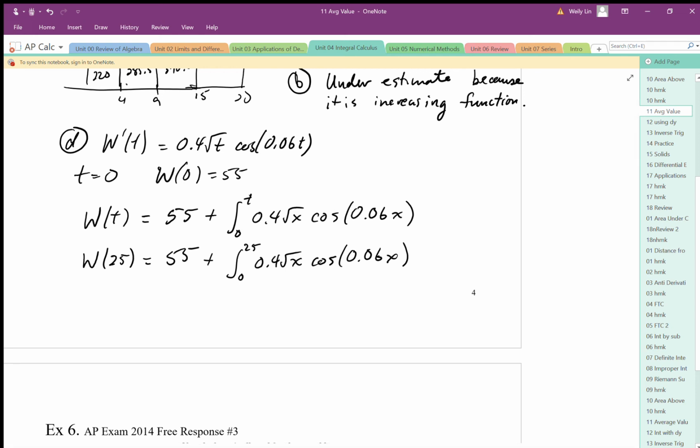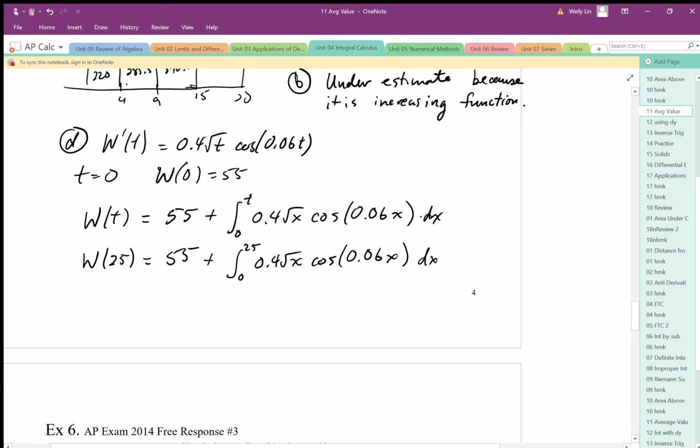I'm just going to graph the function, and I'm going to find the area underneath that curve. So 0.4 square root x cosine of 0.06x, and then this is going to be times dx.